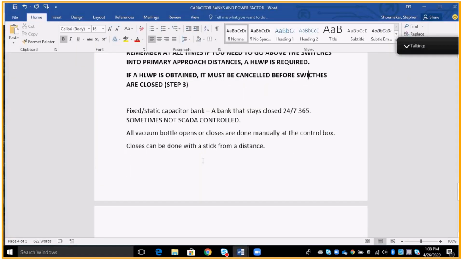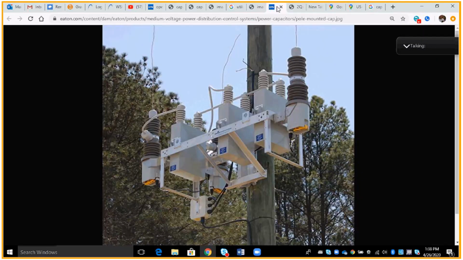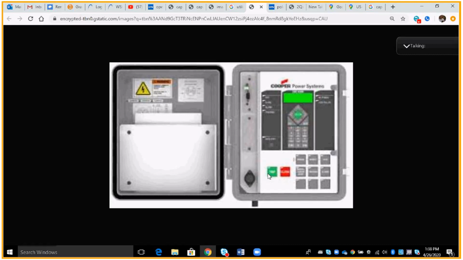Okay, all vacuum bottle opens or closes are done manually at the control box. So when I say sometimes not SCADA controlled, you're actually going to have to go up to the control panel in these cases. And actually, you see a trip and a close.